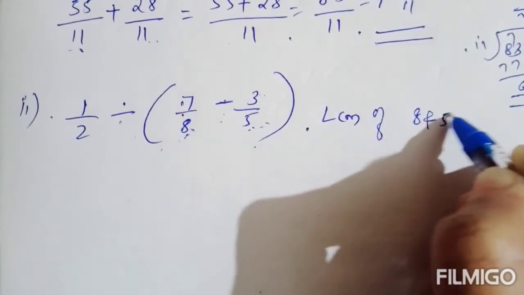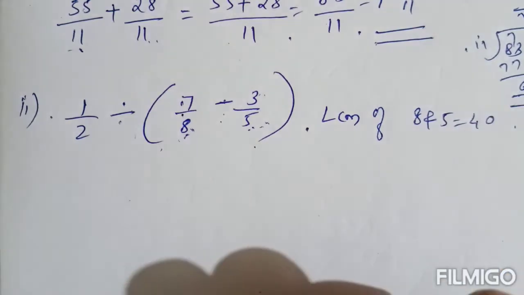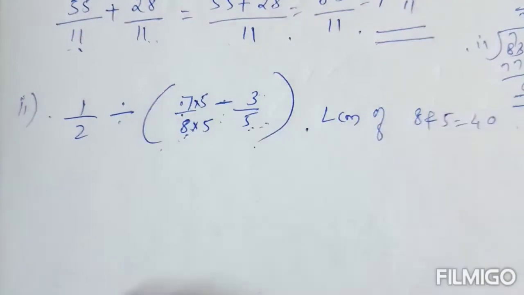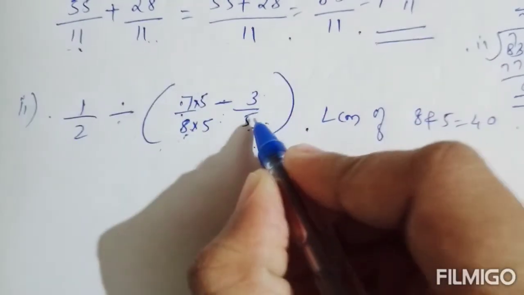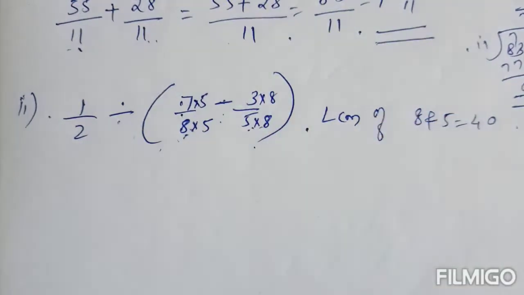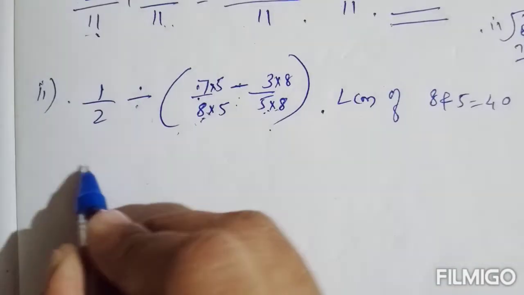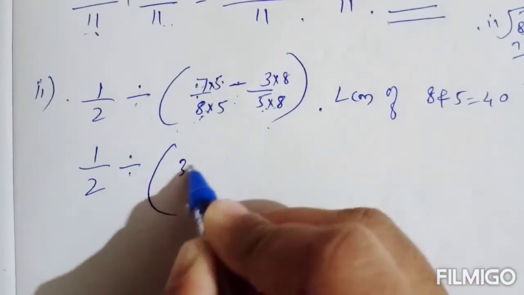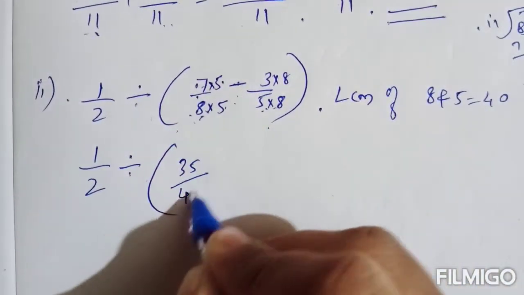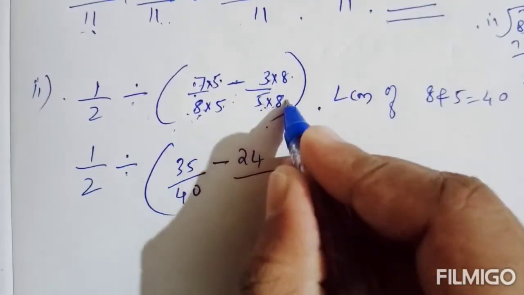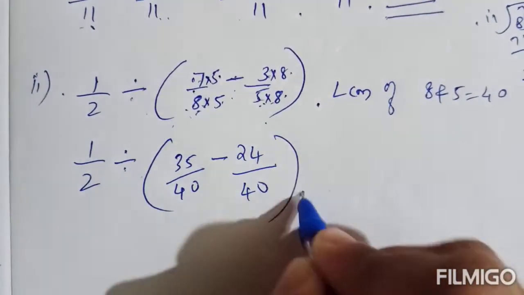LCM of 8 and 5 is 40. So 8 into 5, 40. 7 into 5 it will be. 5 into 8, 40. So 3 you have to multiply by 8. Okay. What will you get? 1 by 2 divided by 7 into 5, 35 by 8 into 5, 40 minus 3 into 8, 24 by 5 into 8, 40.